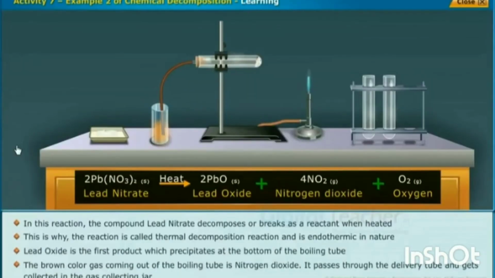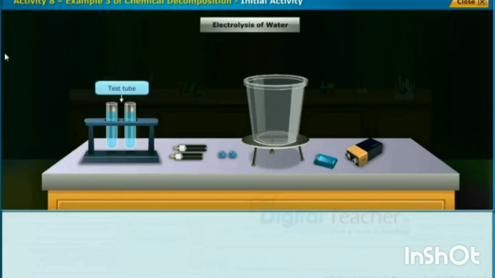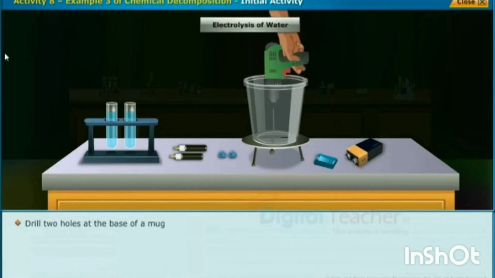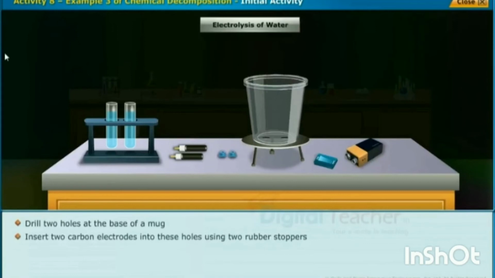Now, decomposition reactions can be achieved by passing electricity and those reactions are known as electrolytic decomposition. Here we'll see electrolysis of water. So as the setup is shown, we'll drill two holes at the base of a mug and insert two carbon electrodes into these holes using two rubber stoppers.